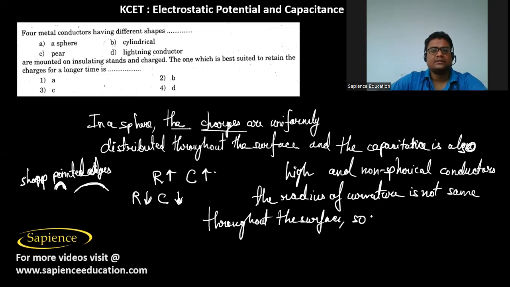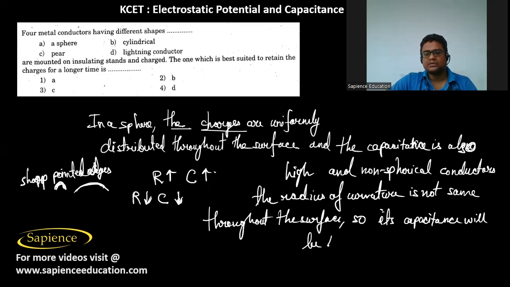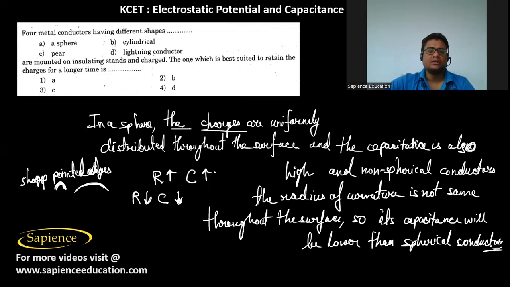So it can't retain charges for a longer time, and its capacitance will be lower than that of spherical conductors. So a sphere will be more suited for retaining the charges for a longer time. So option 1 is the correct answer, the sphere.